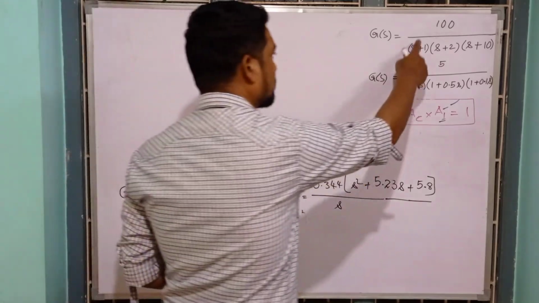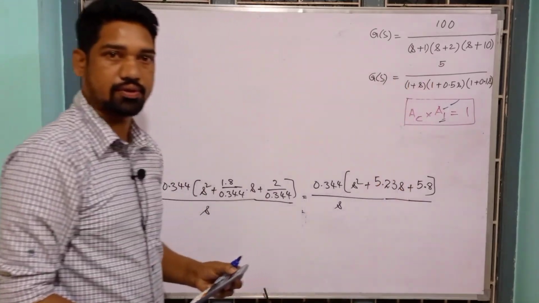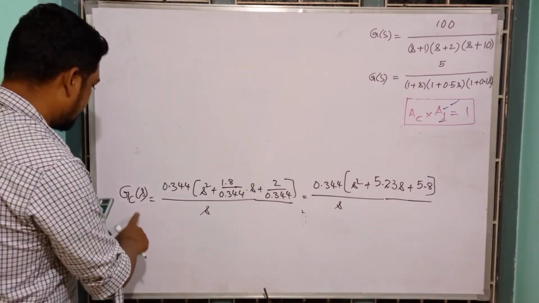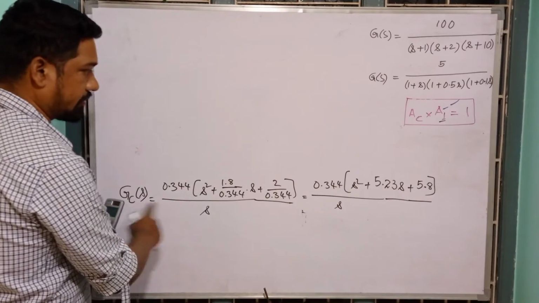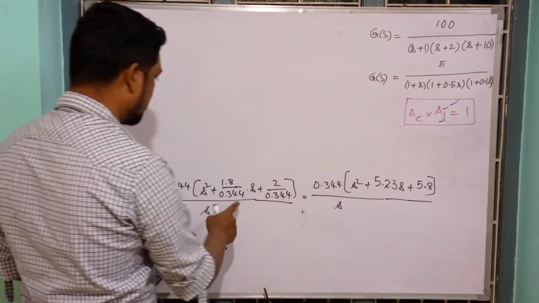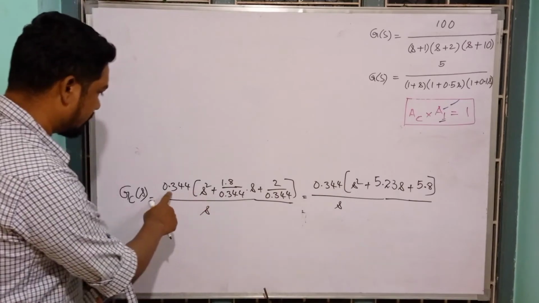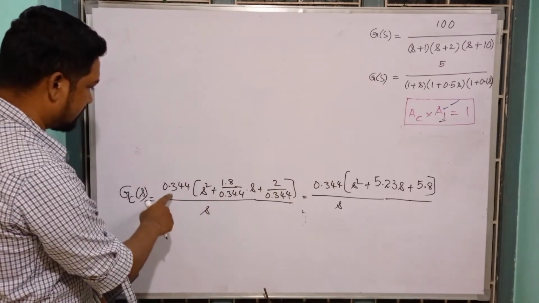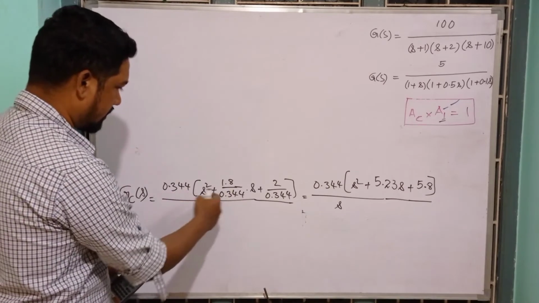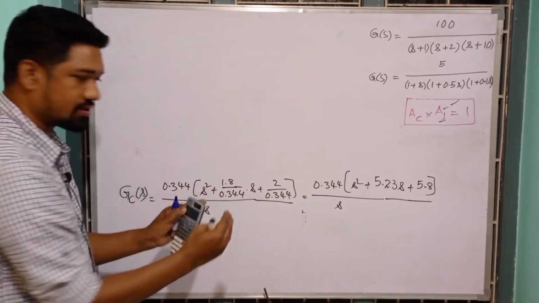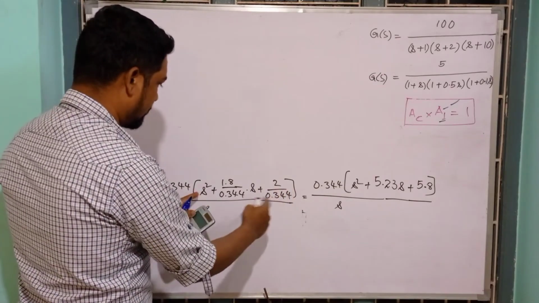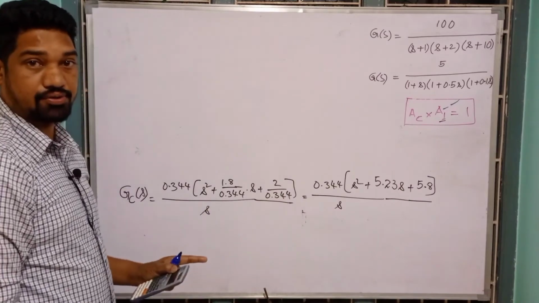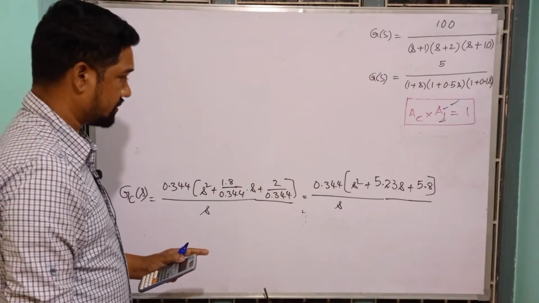On the other hand, this is the transfer function of the compensator, taking out 0.344 as common, bringing this equation to the standard second order system form, S square plus 2 zeta omega n S plus omega n square, right?